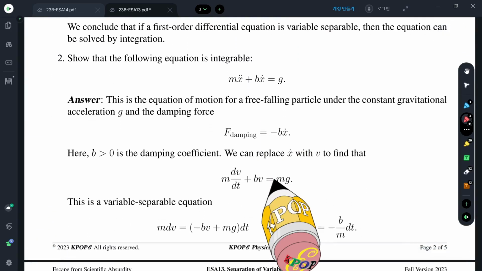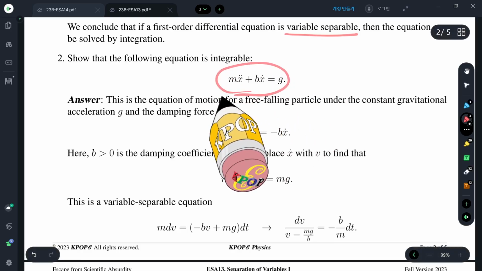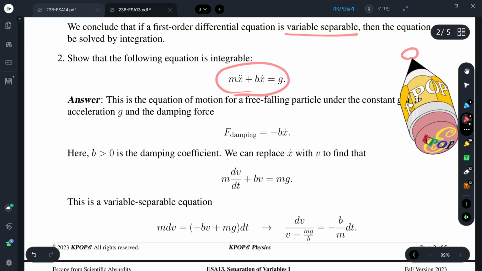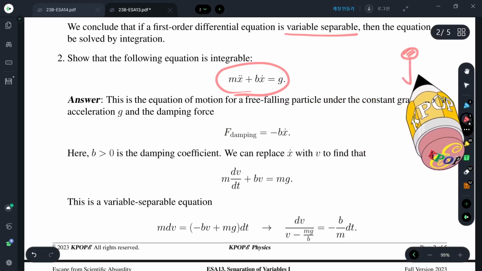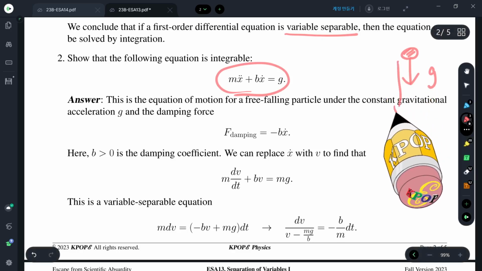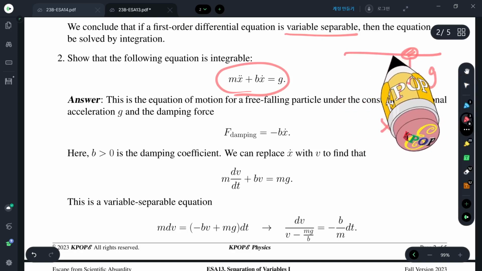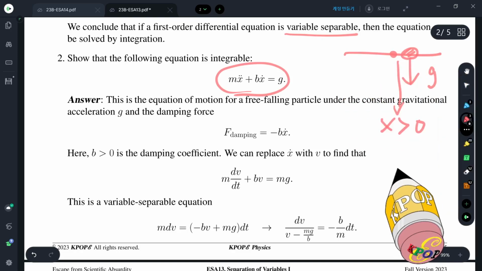Okay, let us apply this method of separation of variables. We can compute this kind of equation of motion. We have a particle moving under constant gravitational force along this direction. I have chosen x to be positive relative to the initial position.